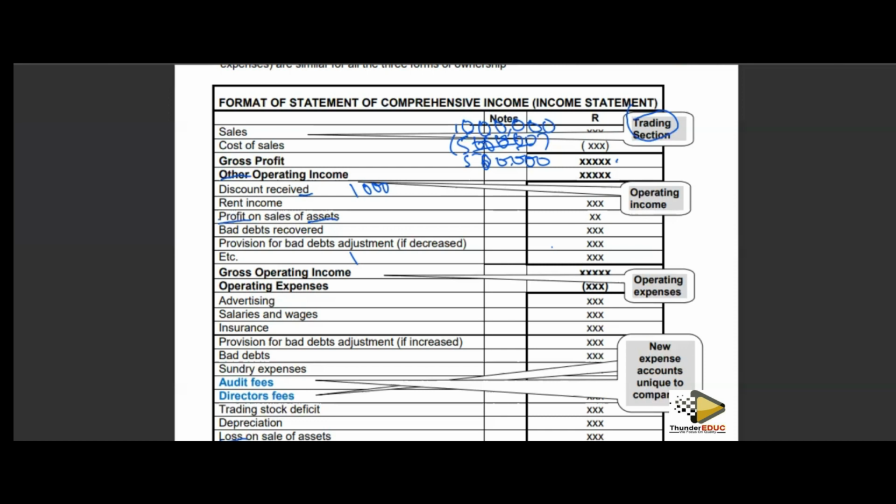Now, I'm explaining the word recovered. We wrote them off last year as a bad debt, but now this year they are coming to pay. Maybe the customer was not in the country, had gone overseas. Now he's coming back and remembering, oh, I had to pay these people. So what am I supposed to do? They come and pay. Should we refuse the money? No. It's our income.